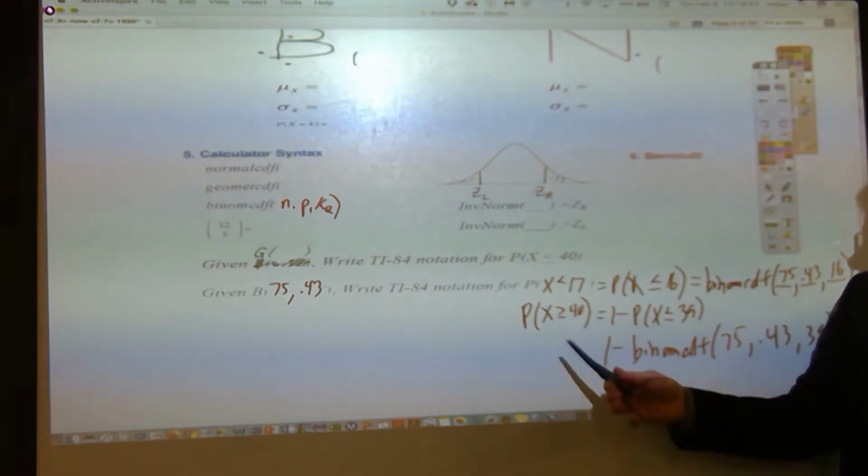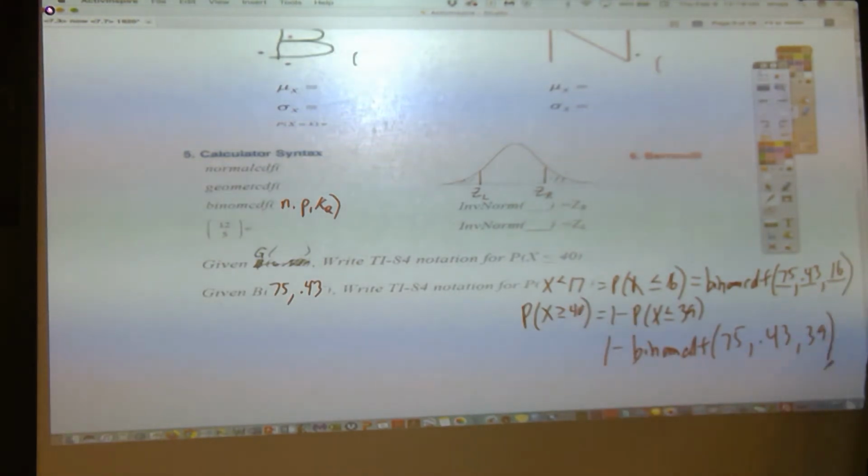So if it had been, instead of less than 17, greater than or equal to 40, then you would have done it like this.